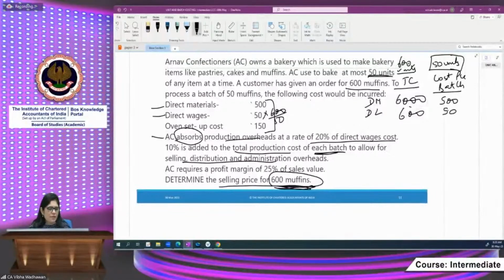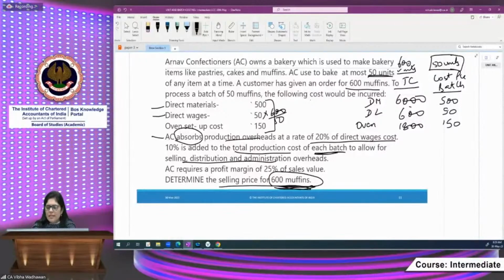Students, I hope you have understood. All right. Then oven setup cost, 150 per batch. So it comes to 1800.